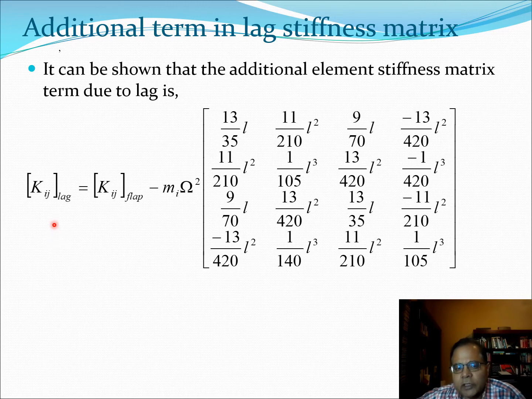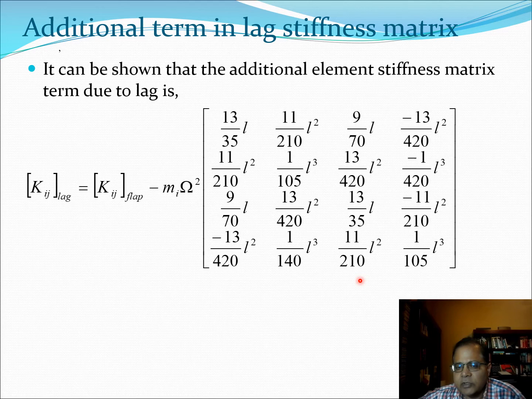So if we look at this, the stiffness matrix for the lag is the stiffness matrix for the flap minus m i rotation speed square into this 4x4 matrix here. And of course here we are presuming the same type of bending which we obtained in the flap before. So essentially we have a 4 degree of freedom problem in the lag system.